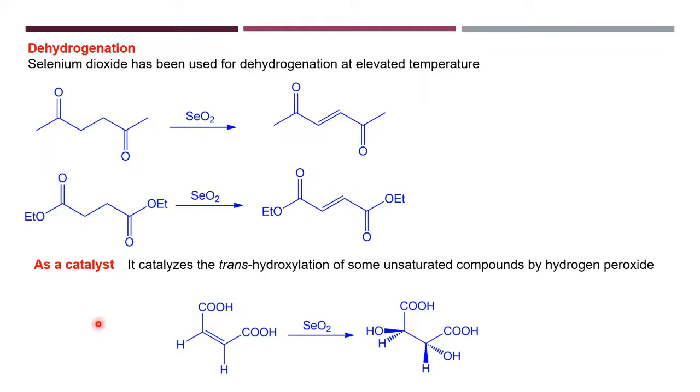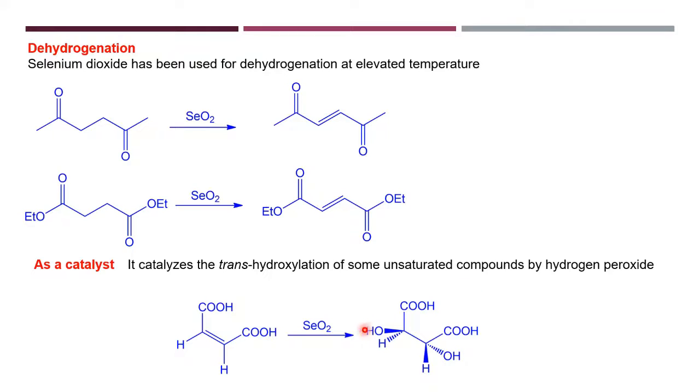Apart from that, another one that can be thought of is, if selenium dioxide is used as a catalyst in the presence of hydrogen peroxide, then over here trans-hydroxylation of butenedioic acid leads to the formation of this product.